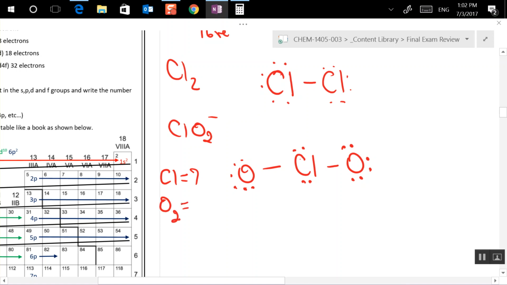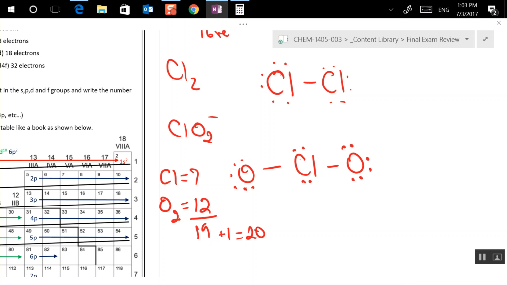O2 is 6 times 2, which is 12. We have 12 plus 7, 19, plus 1 more, 20. Right? How many are in my structure right now? 2, 4, 6, 8, 10, 12, 14, 16, 18, 20.